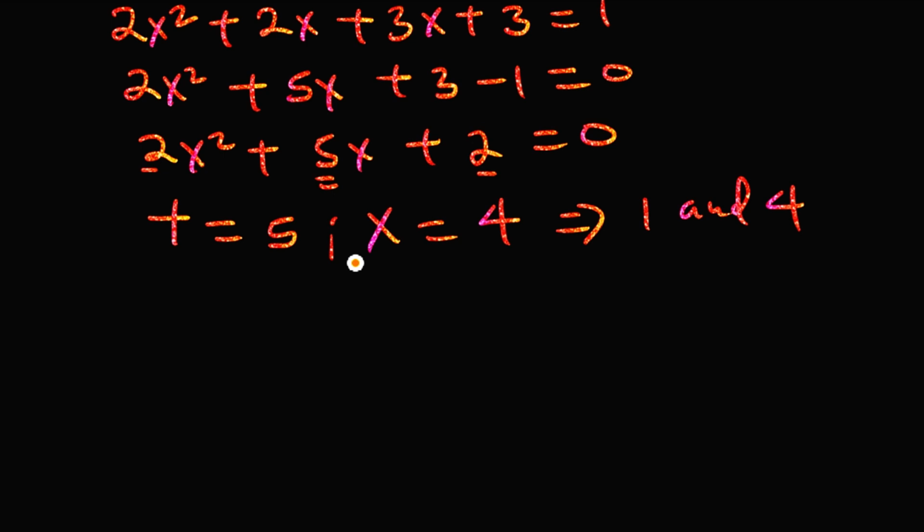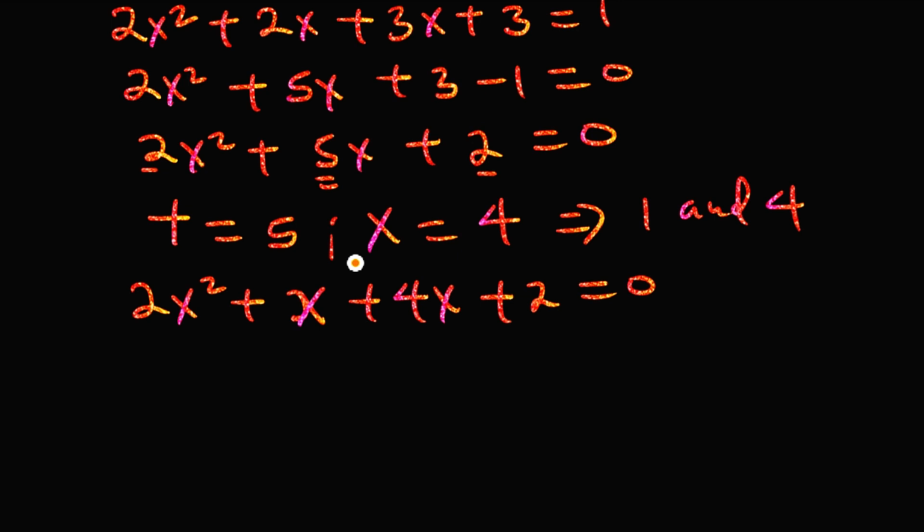Then we split b into these two numbers so that our new equation is 2x² + x + 4x + 2 = 0. For the first pair, the common factor is x. So we have x into (2x + 1).